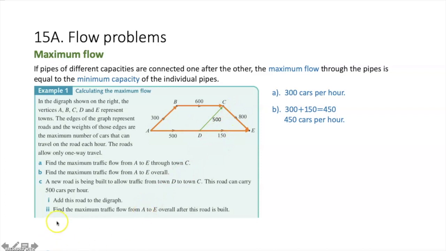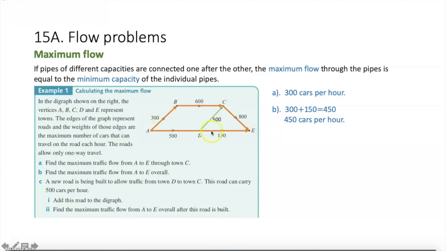Part 2. Find the maximum traffic flow from A to E overall after this road is built. We're looking at the maximum traffic flow from A to E after the new road is built.